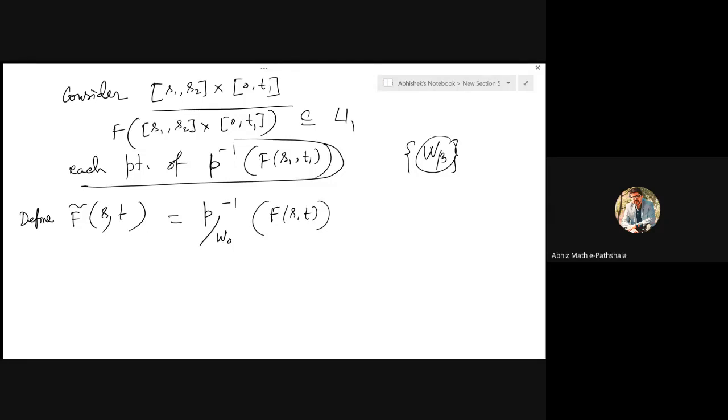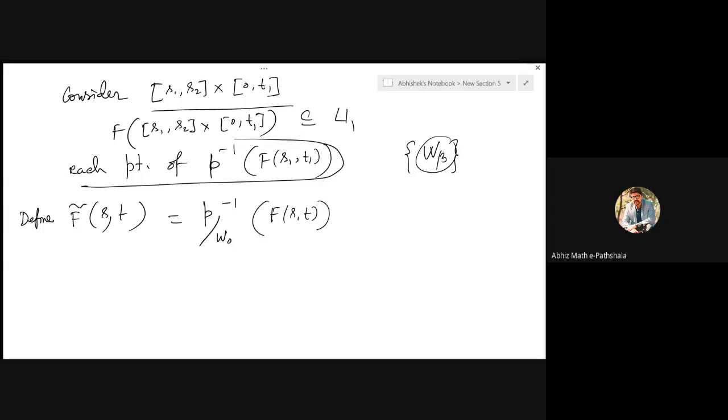So thus, once we choose the value of f tilde at (0, 0), then f tilde is completely determined. And for this reason, f tilde is unique, because if you define another one with the value of the function at (0, 0) the same as that of f tilde, then these two maps will be the same.